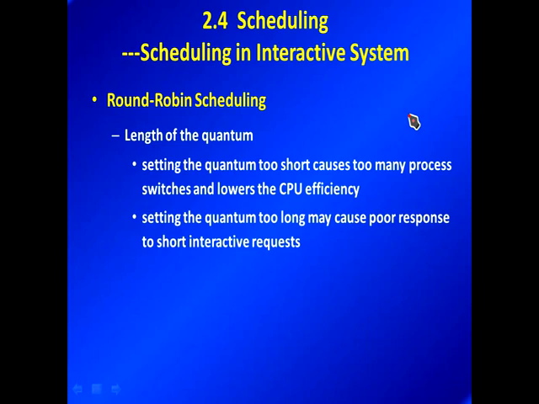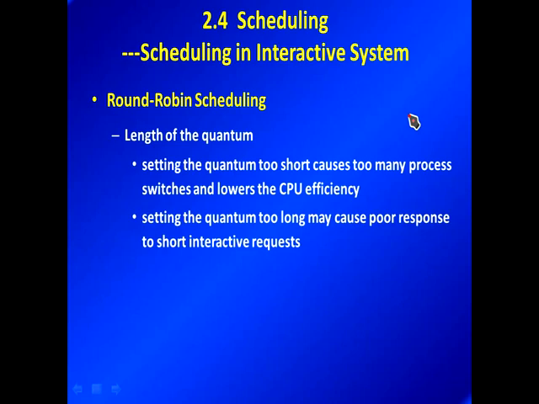And we also cannot set the quantum as a much smaller number, because if it's too short, it causes too many process switches and the overhead is very high.